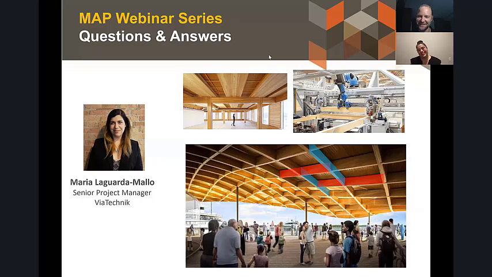That's a great question. So typically, the person that owns the model is the person that creates the model. So for example, if we have the architecture firm creating the architectural model, the structural or engineering firm building that structural model, each of these people are going to be the ones adapting their models.